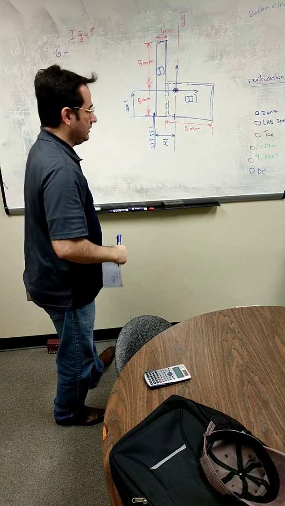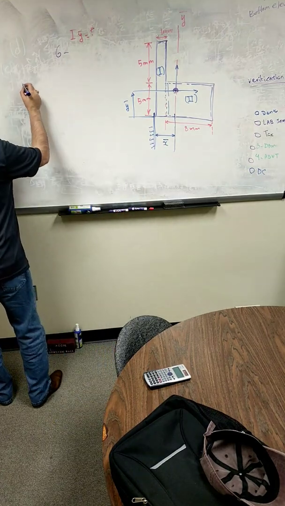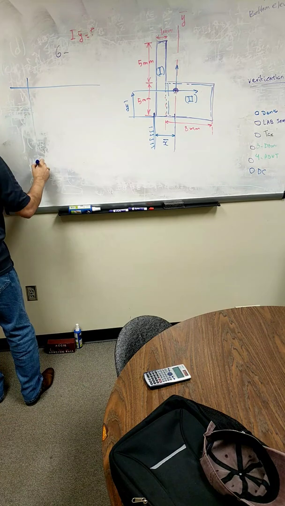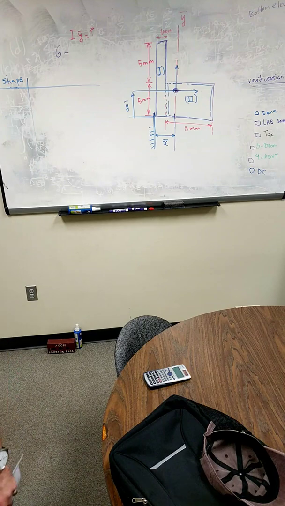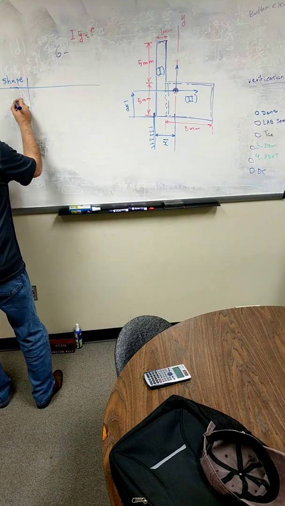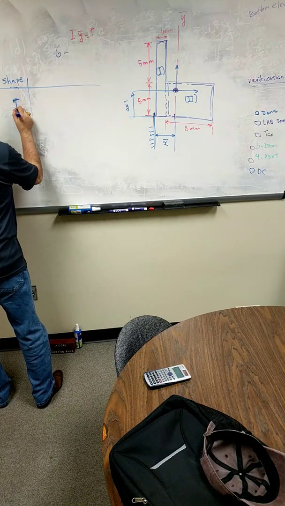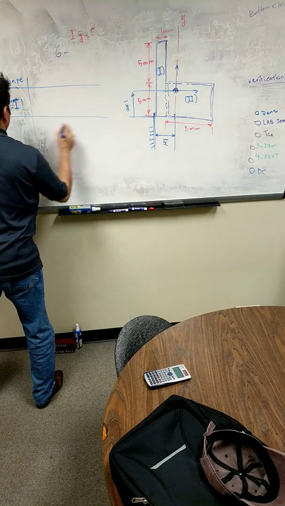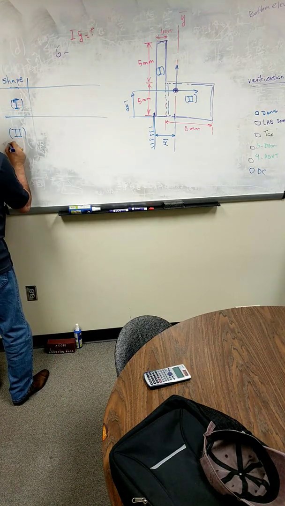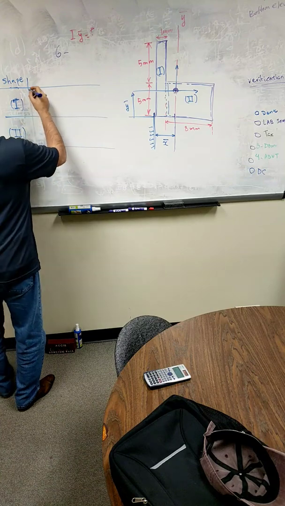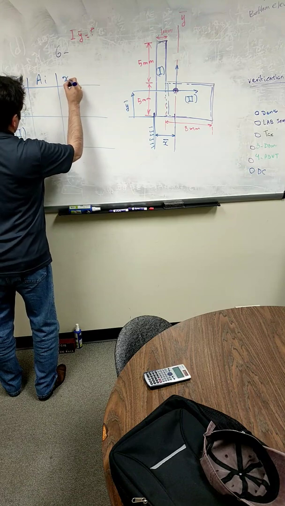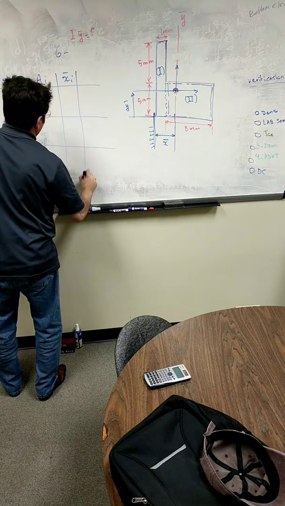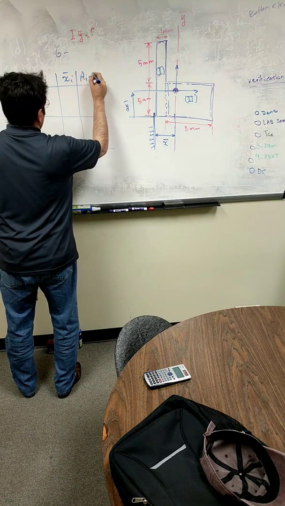In order to find X bar, I simply make a little table. Let's see if it's still recording. Got some memory limitation. Yeah, it's still recording. So shape number 1, let's use Roman numerals, shape number 2. First you need to find the area, each X bar i, and A i X bar i.